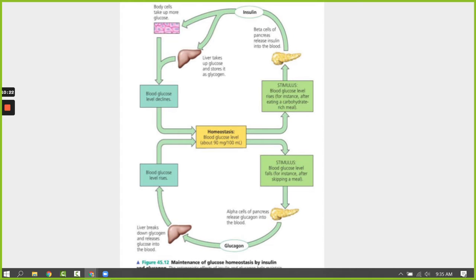How does our body maintain our blood glucose levels? I'm sure you've heard of some of this. You eat a big meal that has a ton of sugar, your blood glucose levels spiking. How does your body respond to keep you healthy?